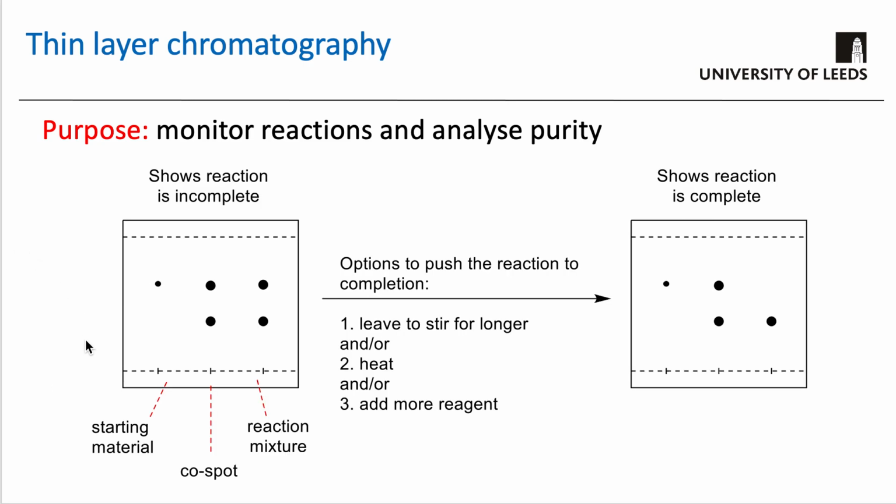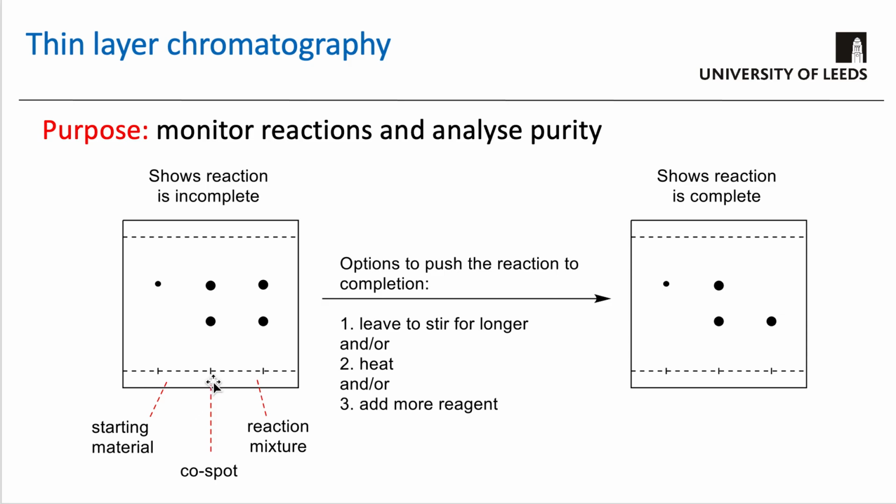And so the way that this is used to monitor a reaction is on your TLC plate you have some of your starting material. So this is what you know is going to be the ketone for the borohydride reaction. You spot a small amount of your reaction mixture on the plate, and then just a little bit of both samples in the middle as well, which we call a mixed spot or a co-spot.